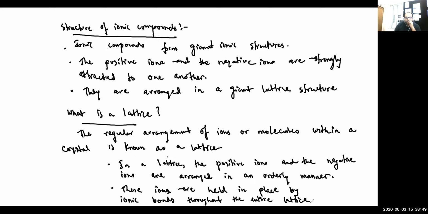In a lattice, the positive ions and the negative ions are arranged in an orderly manner. These ions are held in place by ionic bonds throughout the entire lattice.